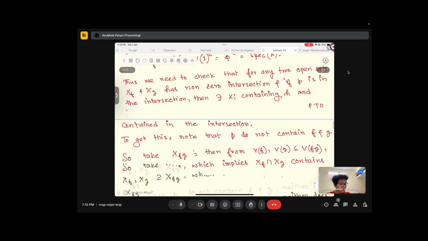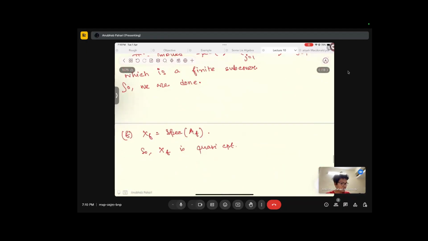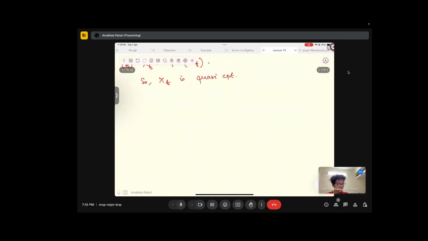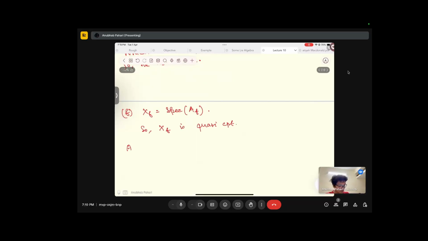Okay, so maybe we'll do another method also. So another method to see that each Xf is quasi-compact.